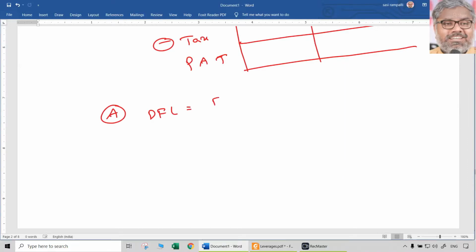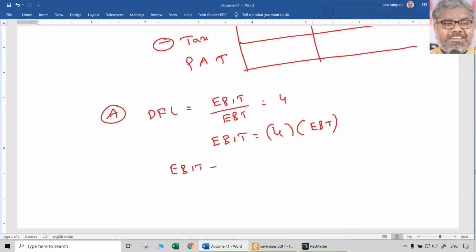For company A, financial leverage will be how much? Degree of financial leverage will be EBIT divided by EBT. That is equal to 4 times. That means EBIT is equal to 4 times of EBT, isn't it? But what is the difference between EBIT and EBT? Interest. So EBIT minus interest is equal to EBT.